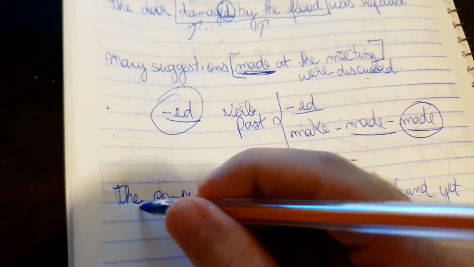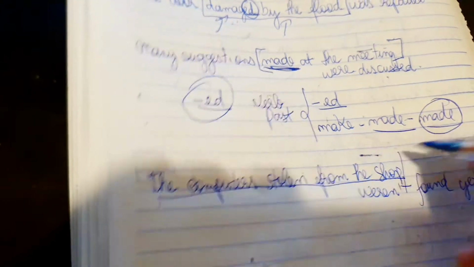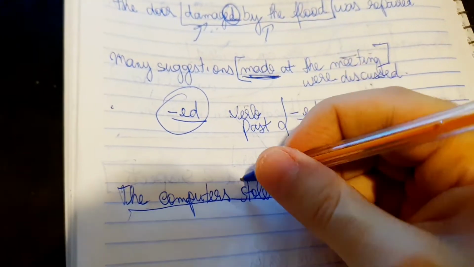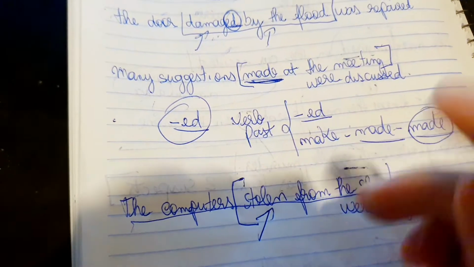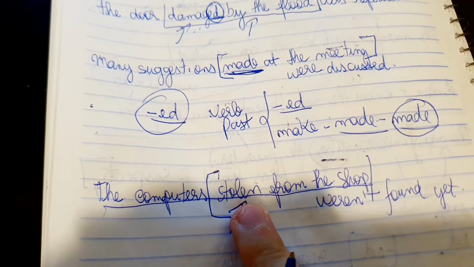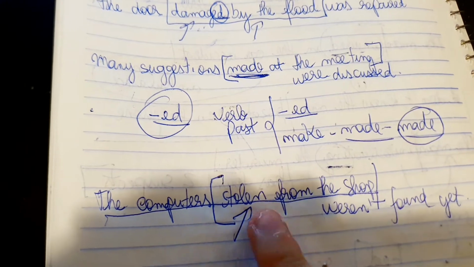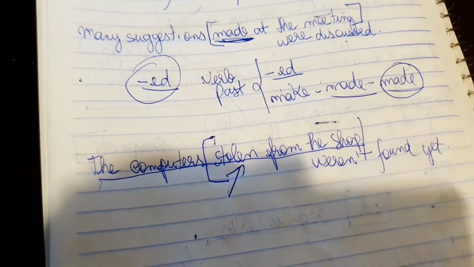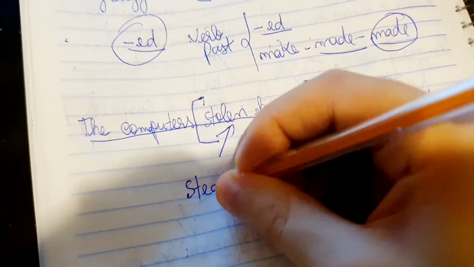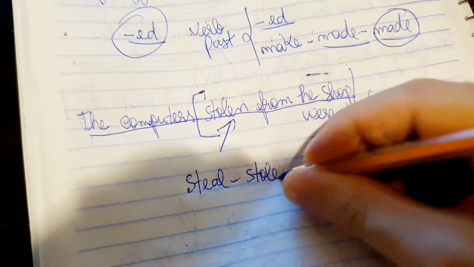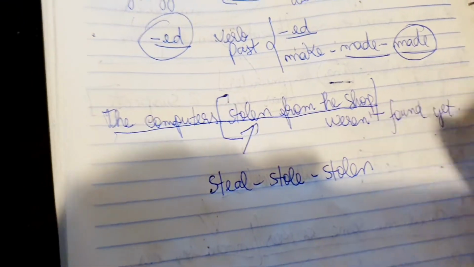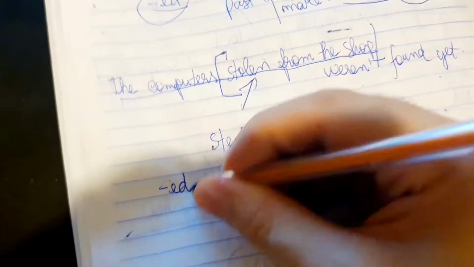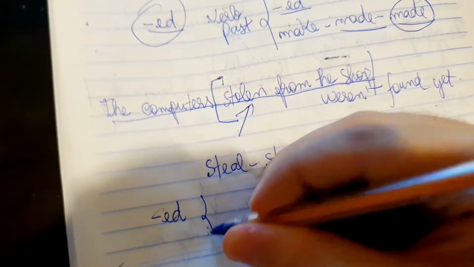First idea, the computers stolen from the shop is one idea, and this clause begins with a verb in the simple past. Or not simple past, sorry. It starts with a verb in the past participle. Steal, stole, stolen. So when I say that the verb ends with ed, it's not simple past.